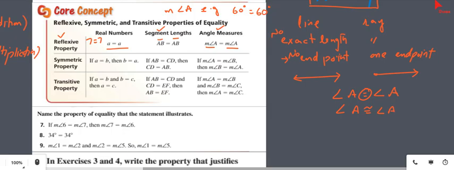Angle A is congruent to angle A, but they are not equal. So in congruency they are reflexive, but not in equality. Similarly, a line, if we are taking the relation of the congruency, then the congruency relation between lines is reflexive, but the equality relation is not reflexive.